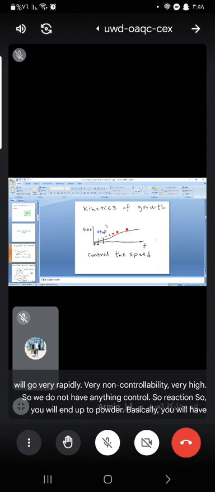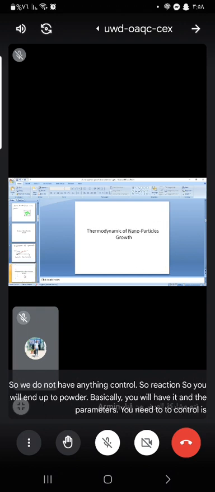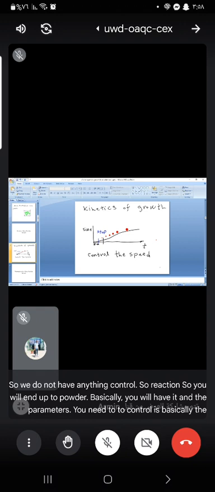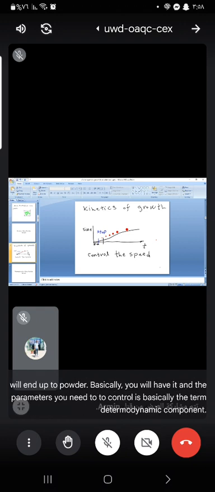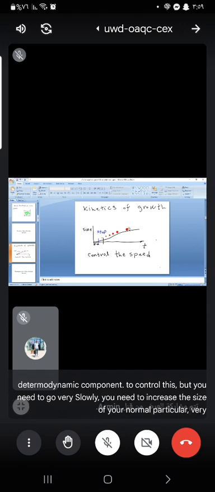The parameter you need to control to control the speed is basically the thermodynamical parameter. You need to go very slowly. You need to increase the size of your nanoparticle very slowly.